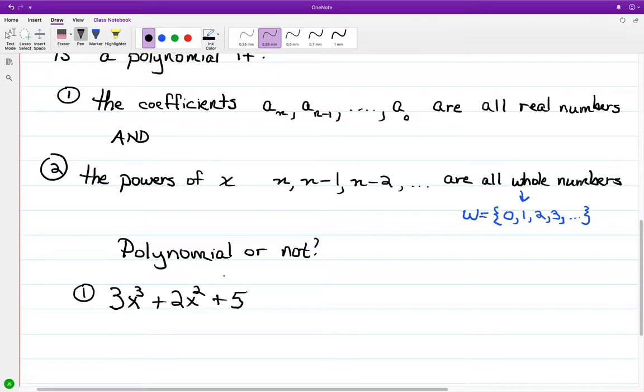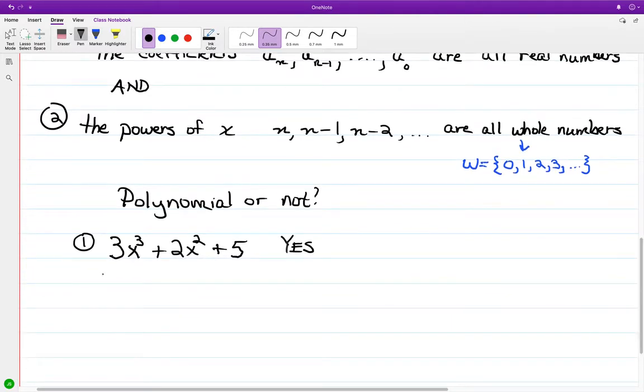Now for the coefficients, we have 3, 2, and 5. All of these are real numbers. For the degrees of x, you have 3, 2, and 0, since we do not have an x term. And since both conditions are met, this cubic expression is a polynomial.